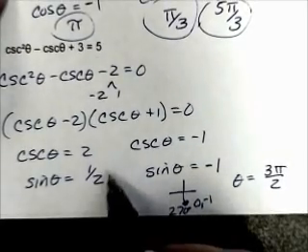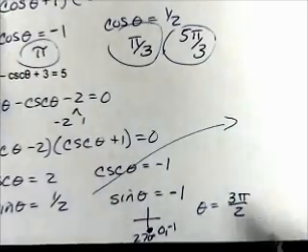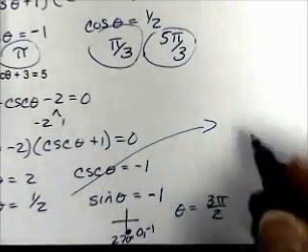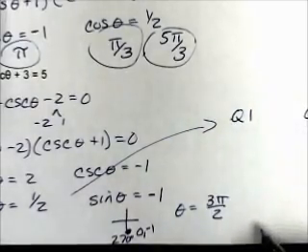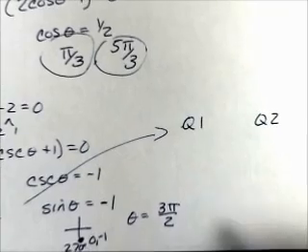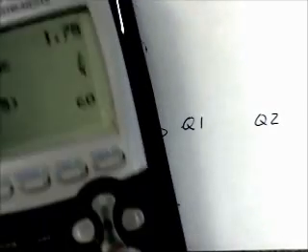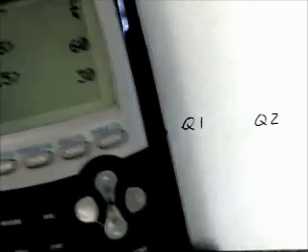Now, for the sine theta equal to 1/2, that's a positive value. So we're looking in quadrant 1 and quadrant 2, and I just happen to know that the angle measure that has a sine of 1/2 is 30 degrees. If I check on the calculator, sine inverse of 0.5 is 30 degrees.